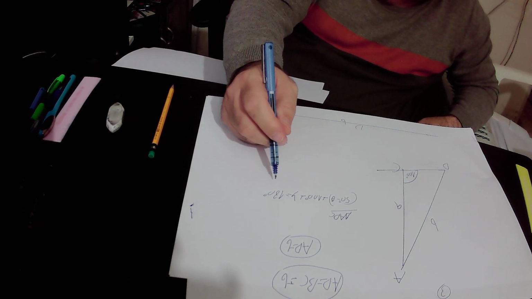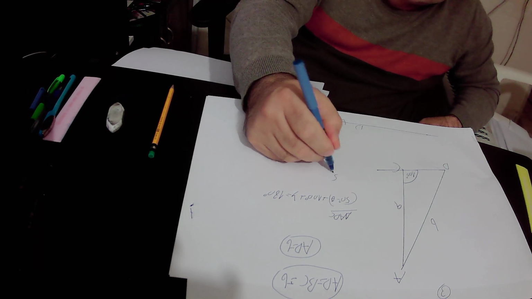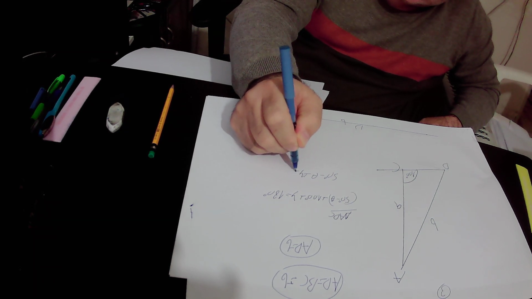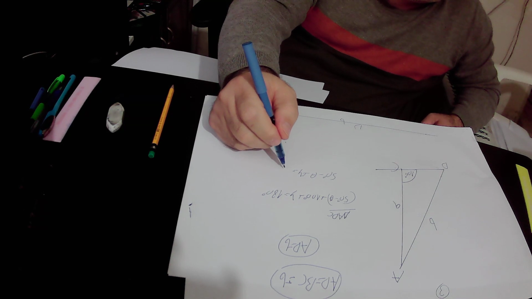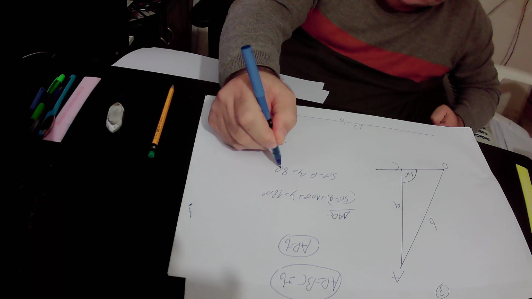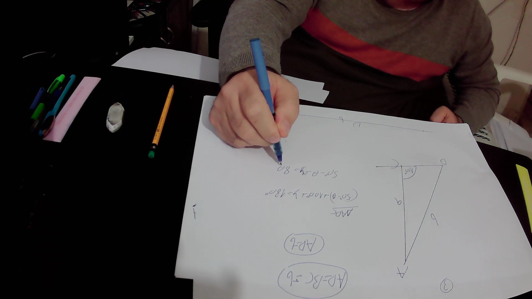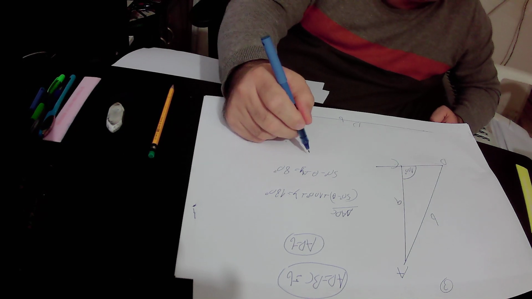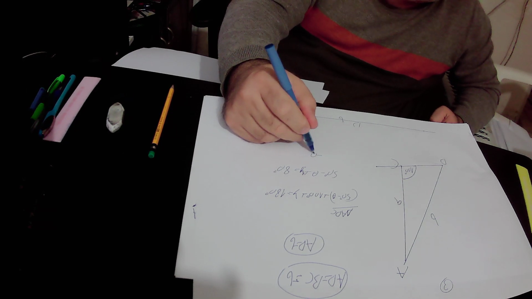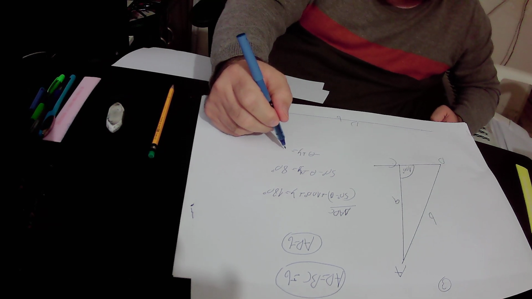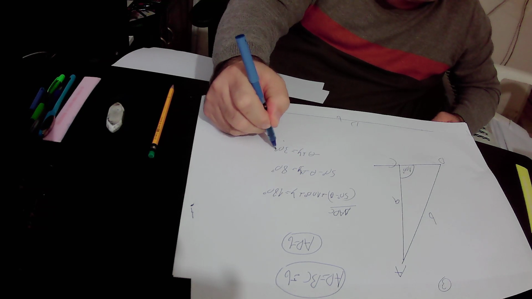Here we subtract 100 degrees from this equation and we will get that 50 degrees minus theta plus Y equals 180 degrees minus 100 degrees, which is 80 degrees. We will subtract also 50 degrees from this equation and we will get that minus theta plus Y equals 80 degrees minus 50 degrees, which is 30 degrees.